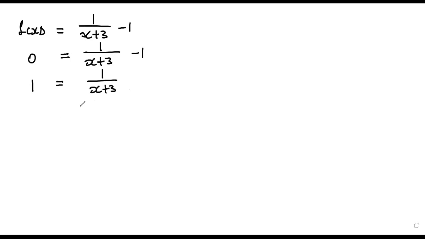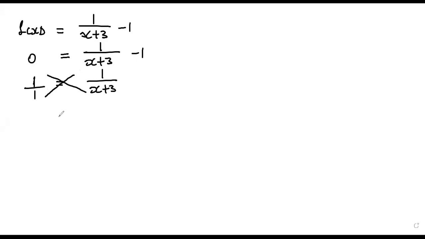Now, from this point, we want to solve for x. You can decide to multiply both sides by the LCD, but I'm just going to cross multiply in this case. So numerator multiplied by this denominator, that numerator multiplied by this denominator.